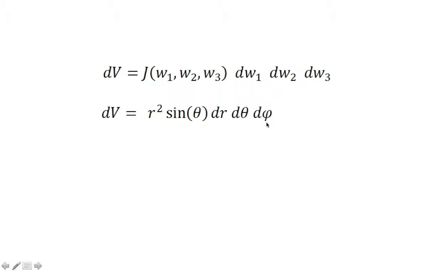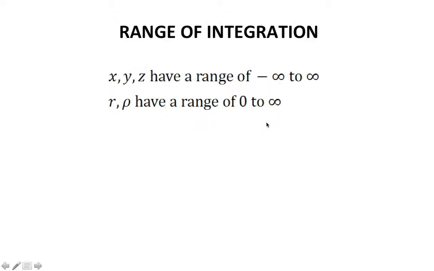Having defined this volume element, the only other thing we need in order to do a spatial integral is to define the range of integration for our r, theta, and phi. The range of integration for our Cartesian coordinates x, y, and z should be negative infinity to infinity.